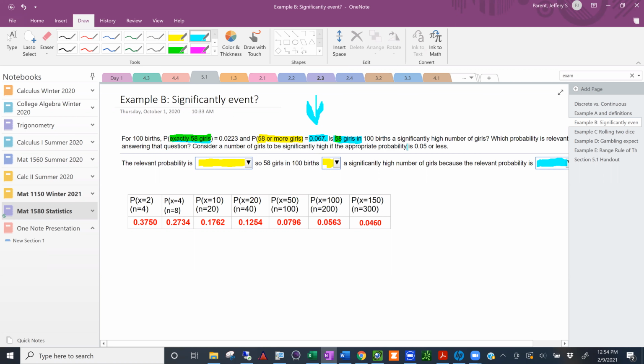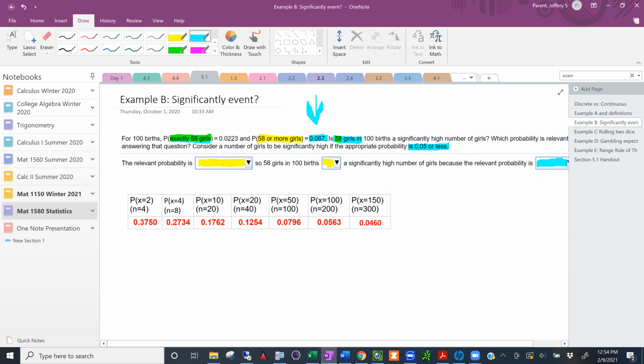And to be significant, it has to be less than 5%. So no, it's not unusual. Here would be a drop-down menu. You click it, it says is or is not a significantly high number of girls because the relevant probability is not less than 5%. So that would be your answer.